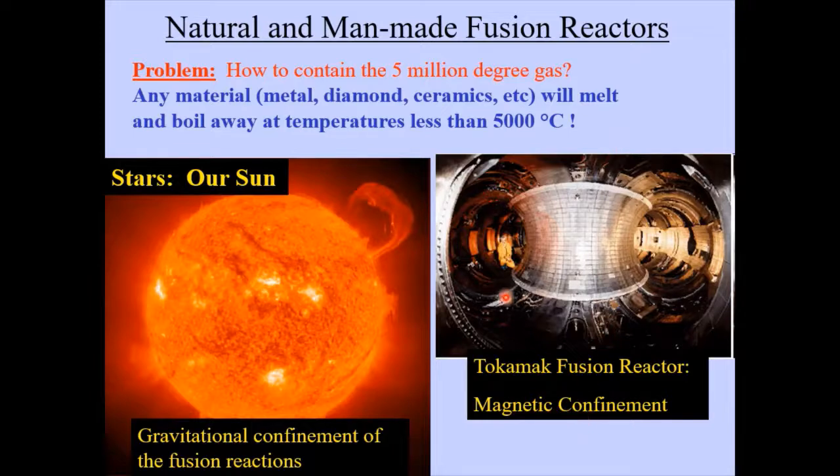And what they do is basically the fusion reaction exists in this sort of donut-shaped cavity, and there are super powerful superconducting electromagnets that confine the hot hydrogen plasma, which is basically a charged gas, and it keeps the fusion reaction confined, not physically but magnetically. And this is something that's being worked on at General Atomics right here in San Diego. The hope is that within the next couple of decades, we might have commercially viable fusion reaction to produce electricity.